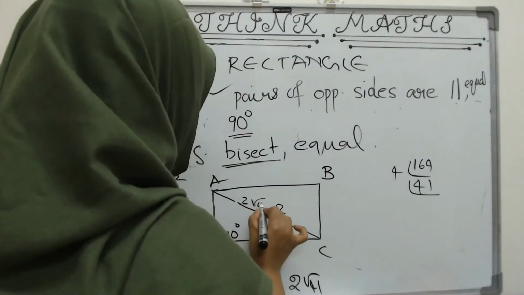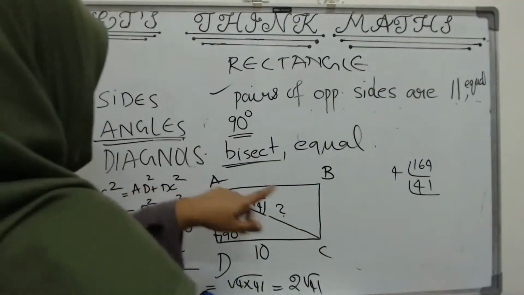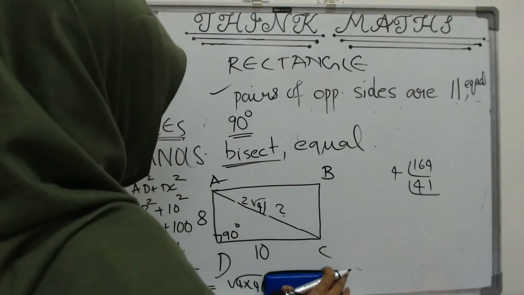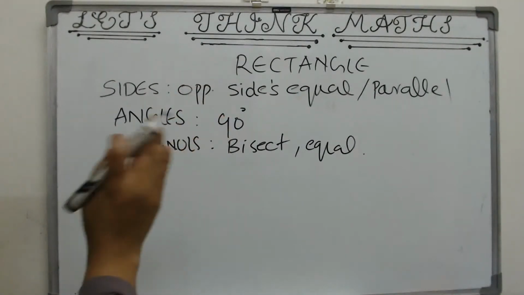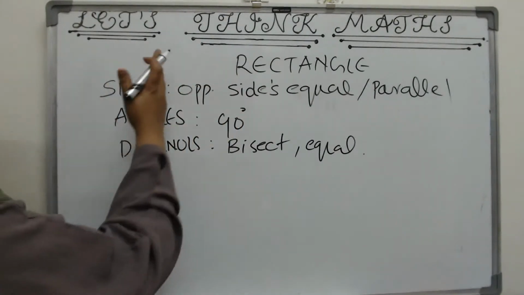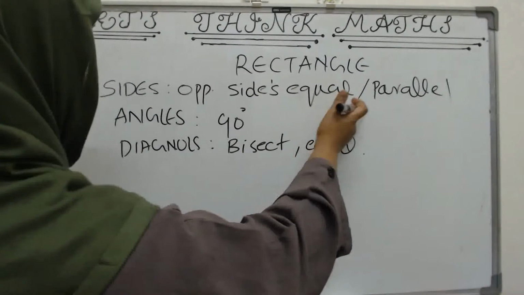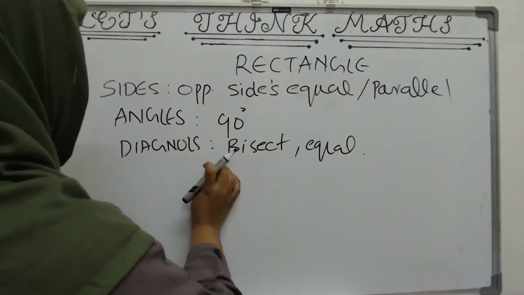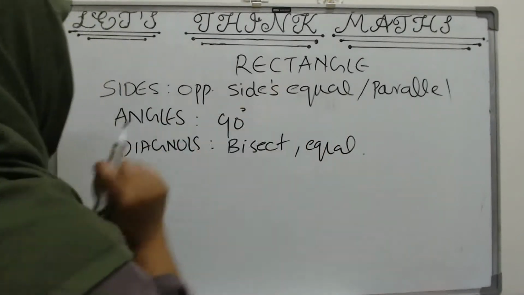So this is how you find the hypotenuse of the rectangle. So this was what we studied about the rectangle. The properties of its sides, that its opposite sides are equal and parallel, its angles are all 90 degrees, and the diagonals bisect each other and are equal.